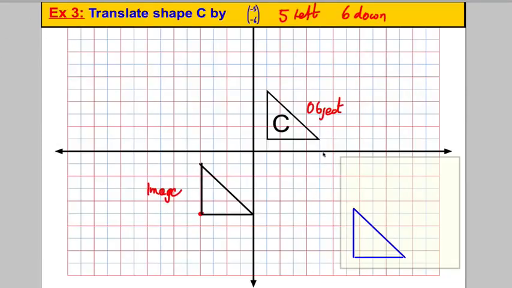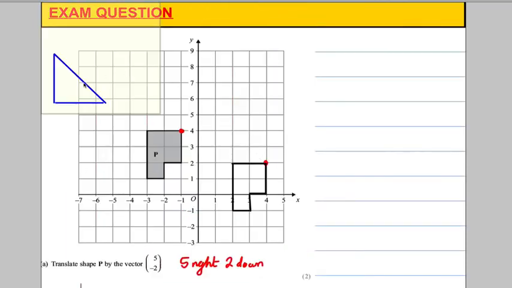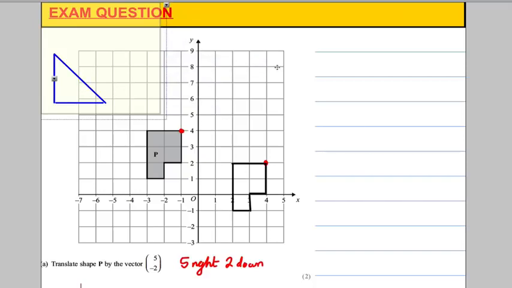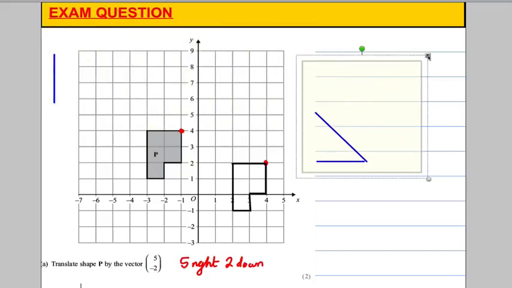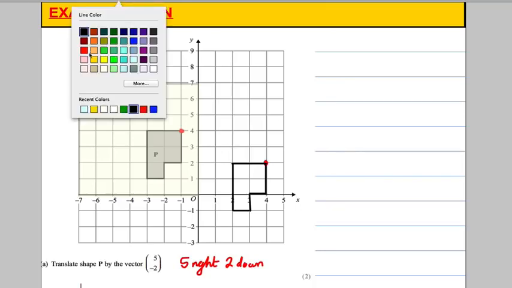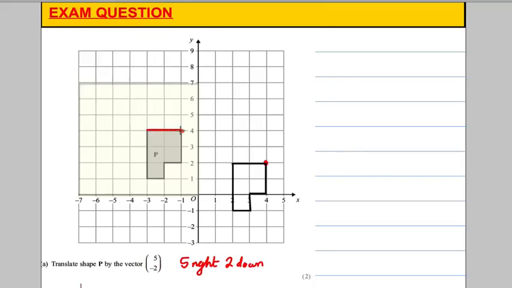Alternatively, what I could do is I could get myself some tracing paper. So I'll go back here and get some tracing paper. And what I could have done is I could have put the tracing paper over the shape, traced it out. So let's trace it out in a red colour, let's say, on top of the tracing paper.